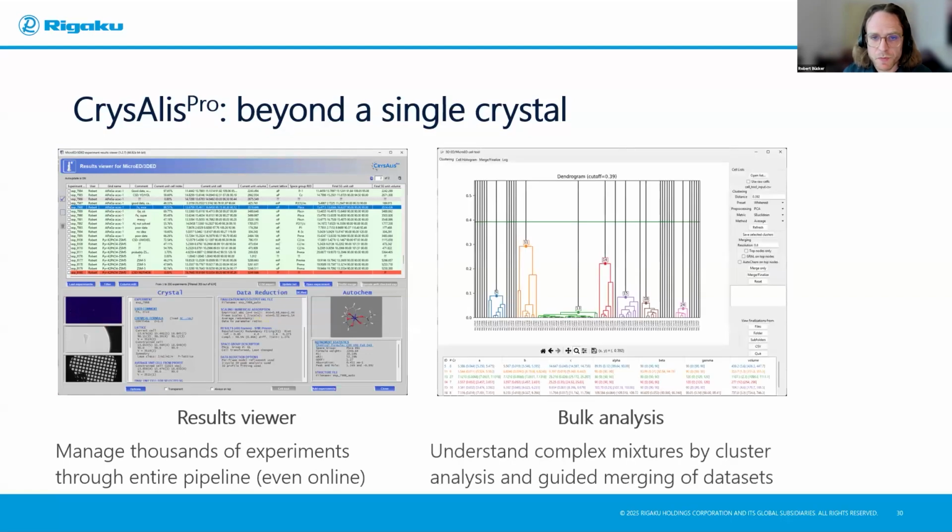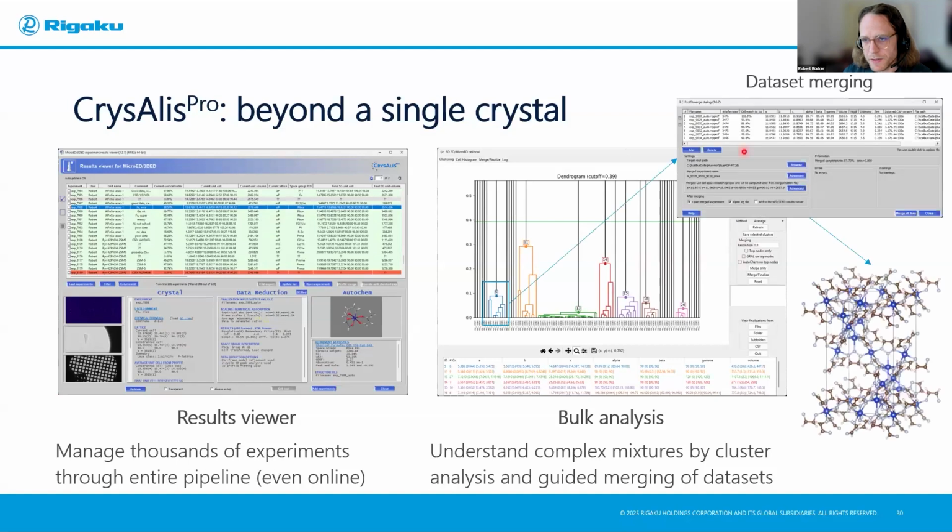What you see here, most importantly, is a clustering of unit cell parameters that you find in measurements such that you can assign each individual grain to one class of compounds with same unit cells, which also will guide you through merging those data sets into compound data sets with high signal-to-noise ratio and completeness, also all built into CrysAlisPro that will eventually give you the structure.